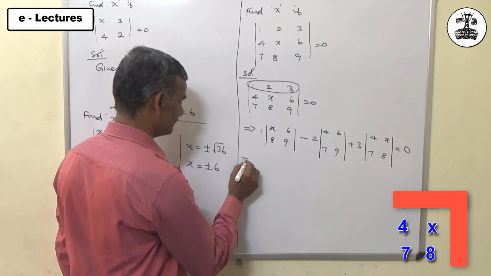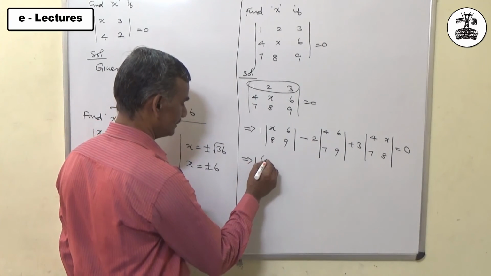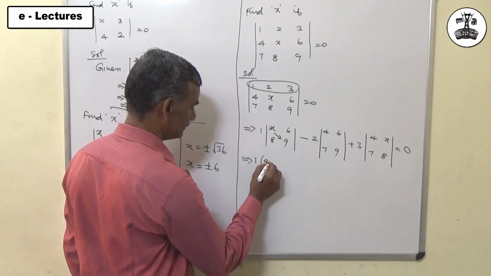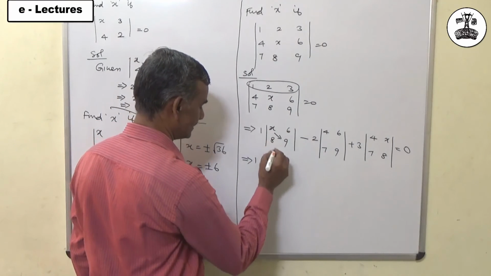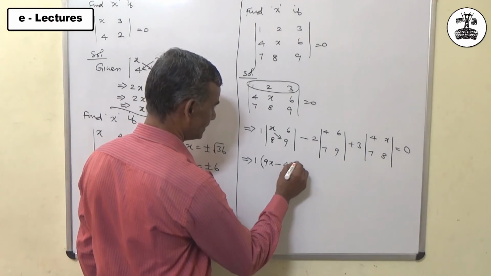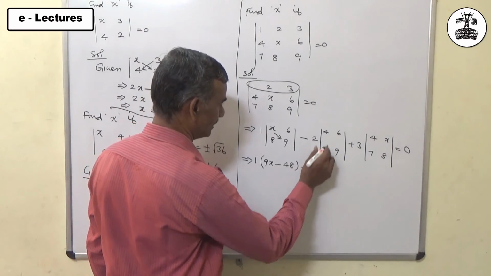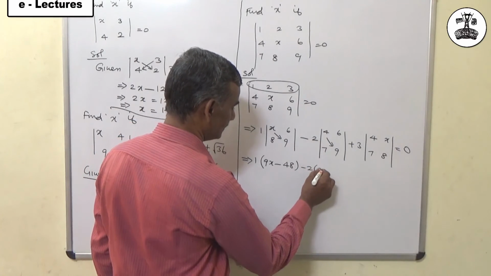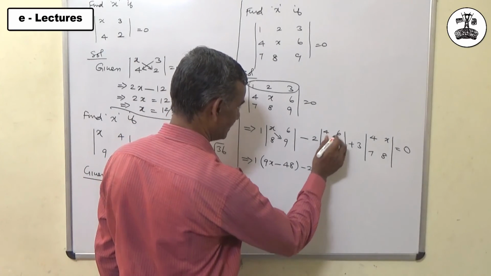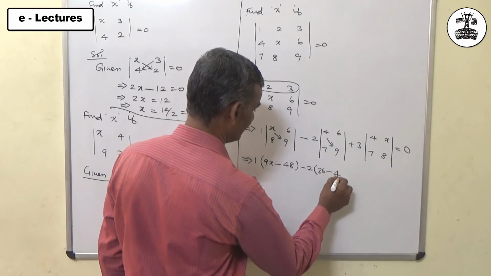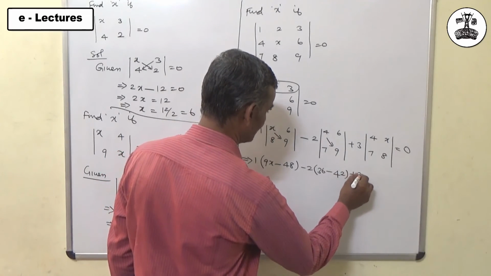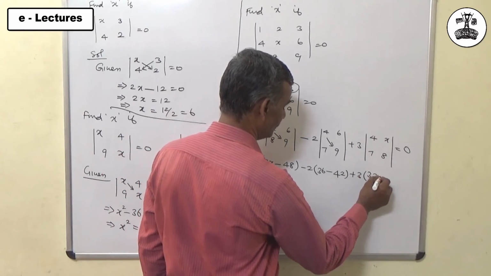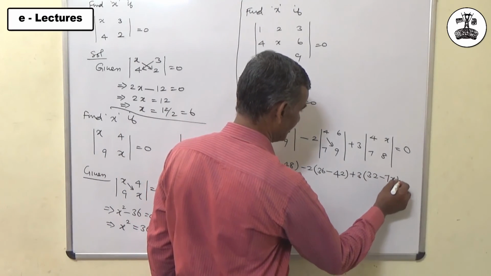This implies 1 into x into 9, 9x minus 6 into 8, 48, minus 2 into 4 into 9, 36 minus 6 into 7, 42, plus 3 into 4 into 8, 32 minus 7x equals 0.